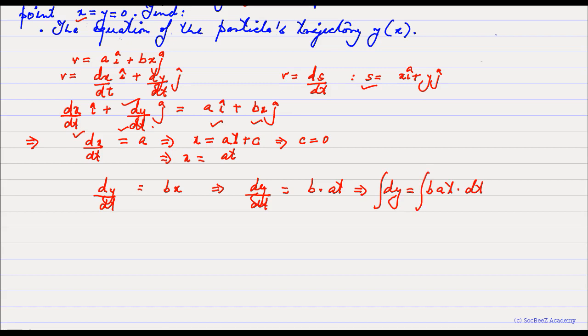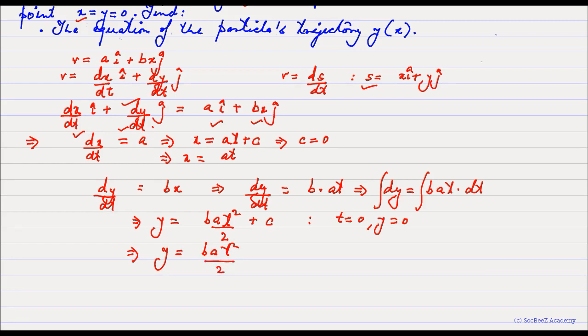If I integrate on both the sides, I'll get y as b a t square by 2 plus c. Okay, now I know that at t equals 0, y is equal to 0. If I put in this condition, I'll get c as 0, that is the constant of integration as 0, which gives me y as ba t square by 2.